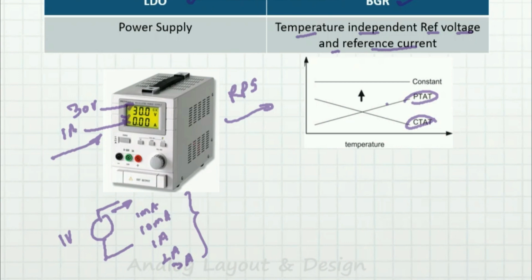These two quantities it will add, and it will give a constant voltage source. So BGR will provide a temperature independent reference voltage, and it can give a reference current. That is what BGR is. But LDO is a power supply, as I told you.